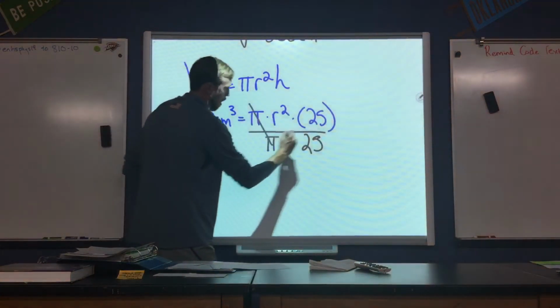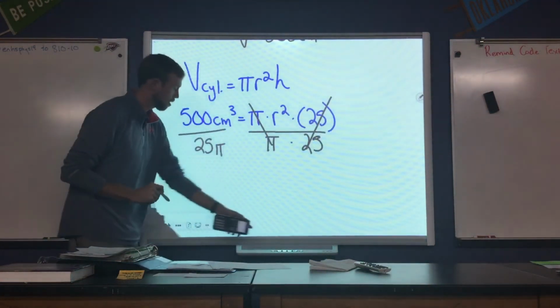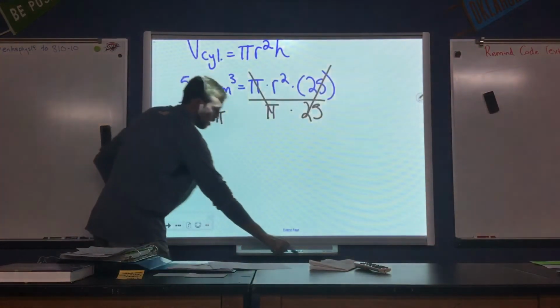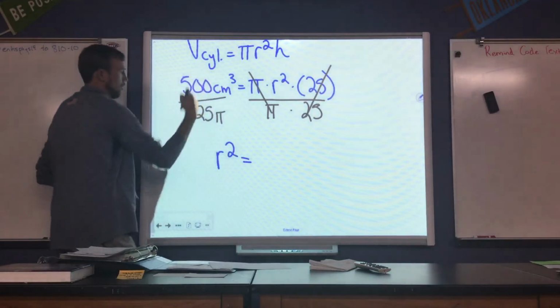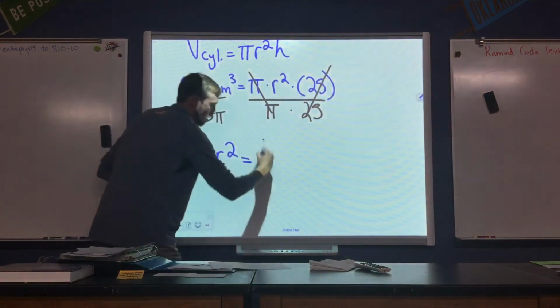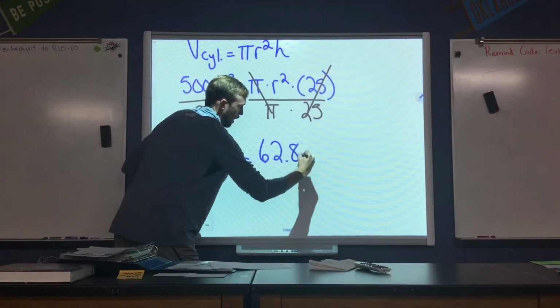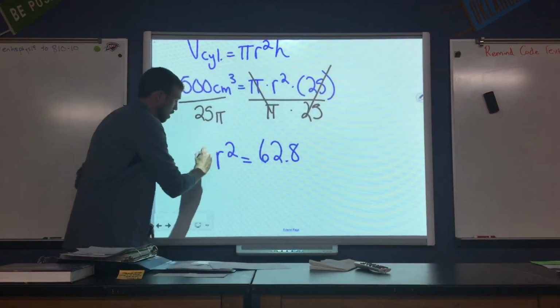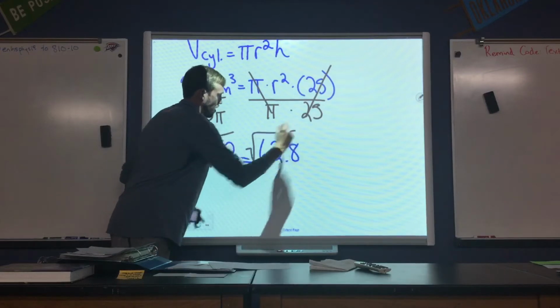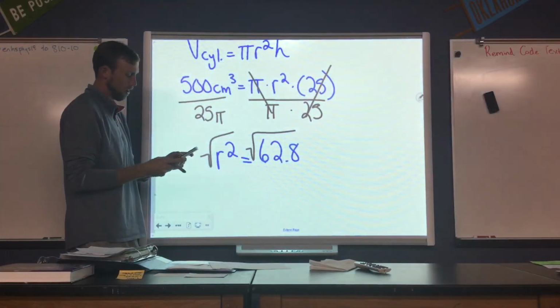So 25 and pi, those values will cancel out. And now I'll be left with r squared is equal to 500 divided by 25 pi, which gives me about 62.8. And then lastly here, we'll take a square root to get our radius by itself.